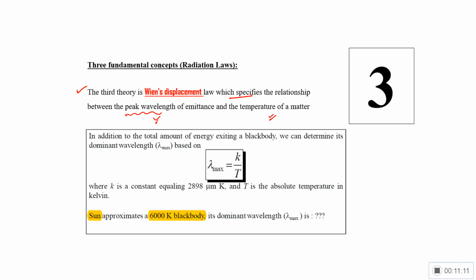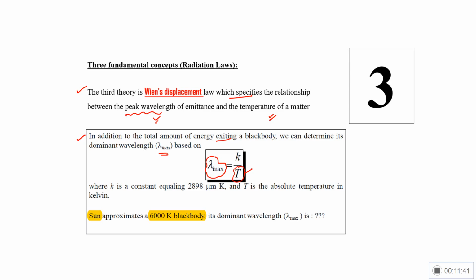So in addition to the total amount of energy existing in a body, we can determine its dominant wavelength. Lambda max, the maximum wavelength, we can calculate using Wien's displacement law, because depending upon the temperature, this lambda max shifts, gets displaced. That's why it is the displacement law.